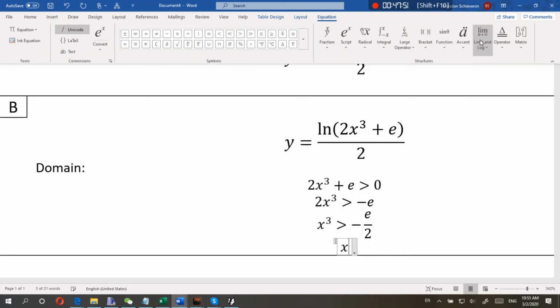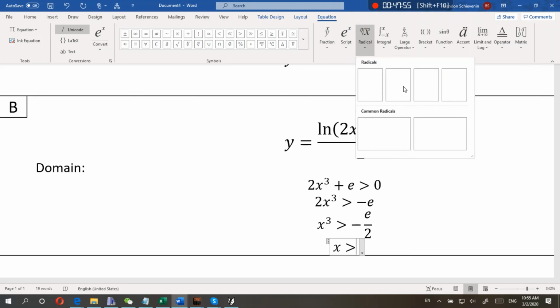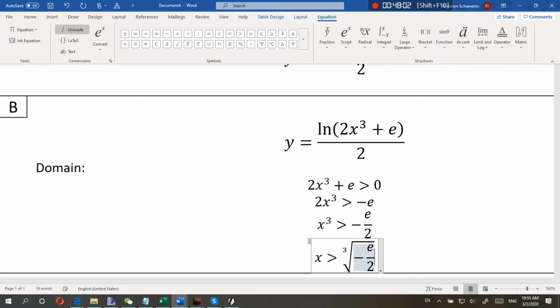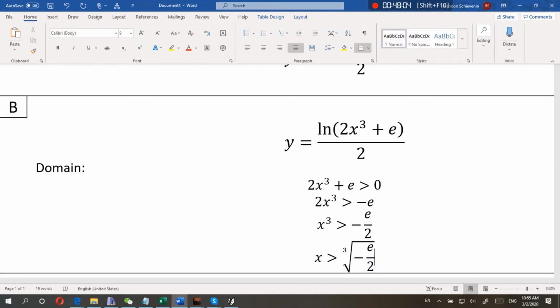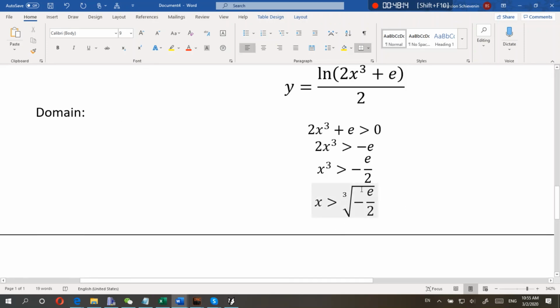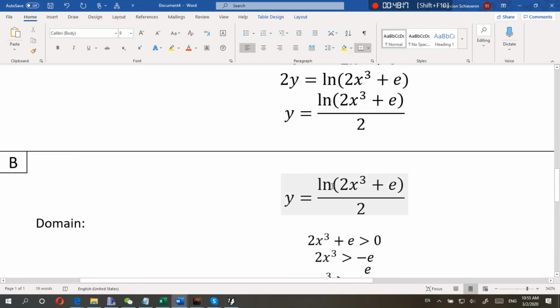So x must be greater than the cubed root of negative e over 2. Okay, now because this is an odd power root, it is okay to keep this negative. So that's my domain. x must be bigger than the cubed root of negative e over 2 in order for this function to be possible.